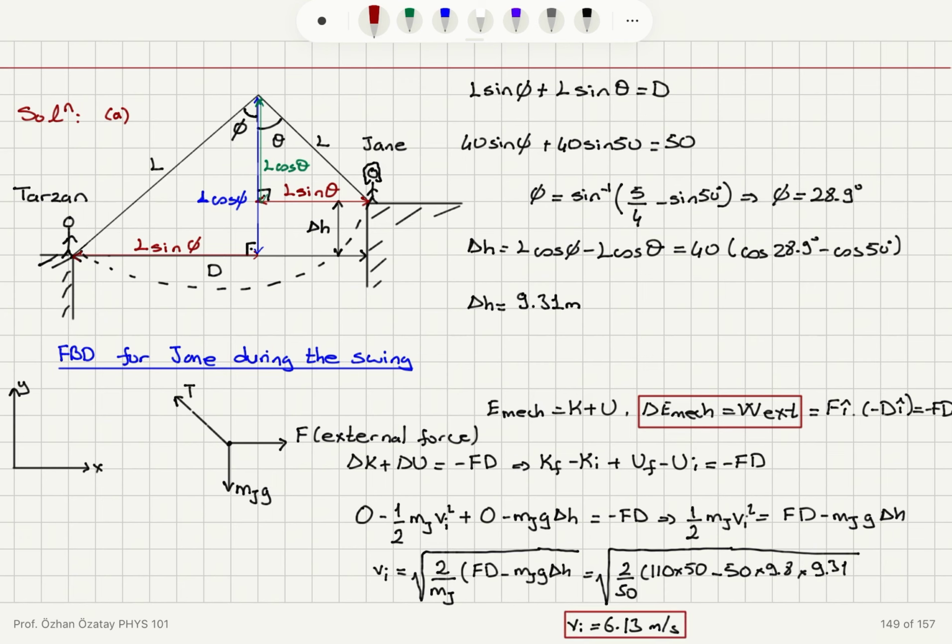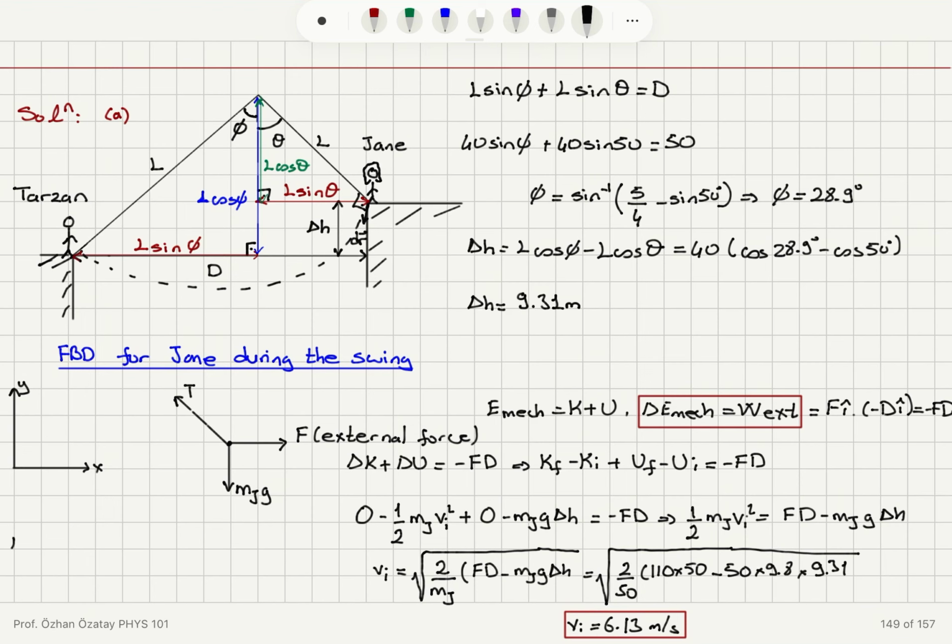Now you might be wondering why I didn't consider the work done by tension. Tension is a central force, and my displacement vector dr is perpendicular to tension. As you know, the work done by a force that is perpendicular to the path taken is always 0.